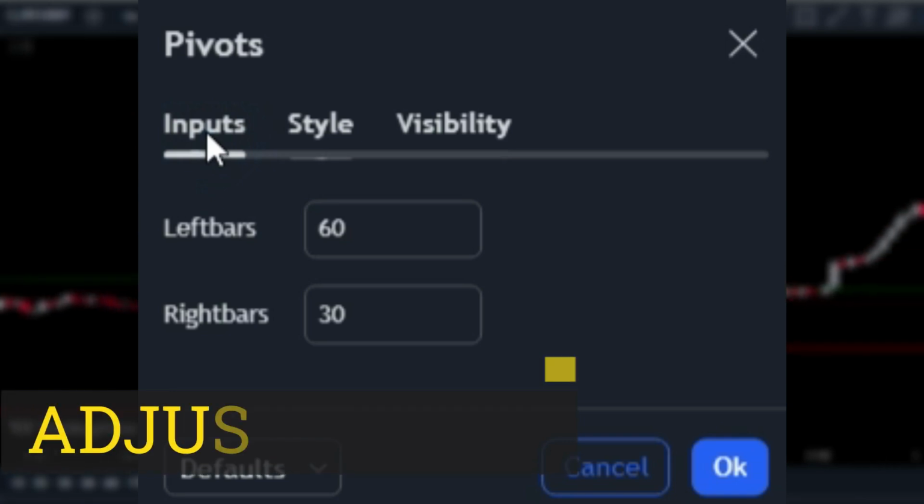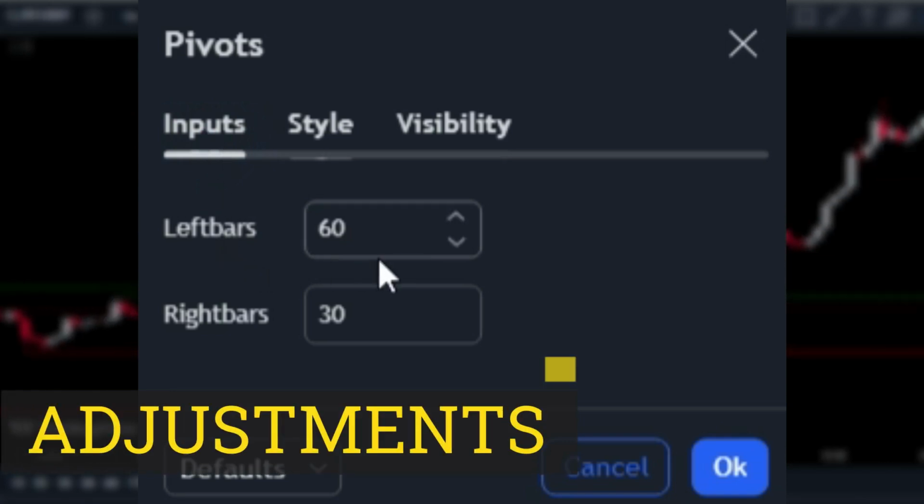Next, click on the settings for this indicator and let's make a few adjustments.